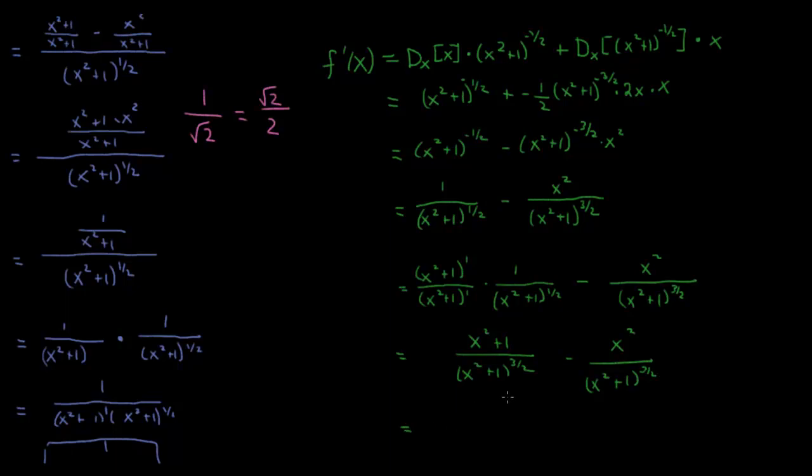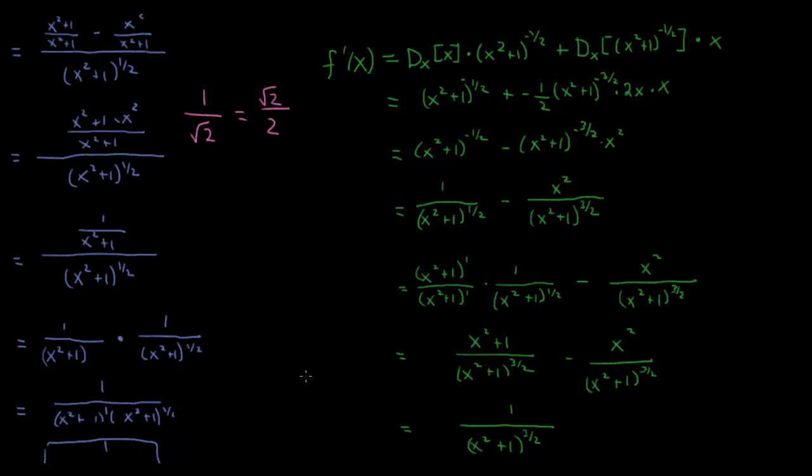I now have a common denominator. Now let's just go ahead and simplify the numerator. The numerator is going to have x squared plus 1 minus x squared, which simplifies to 1, over our common denominator, which is x squared plus 1 to the 3/2 power.